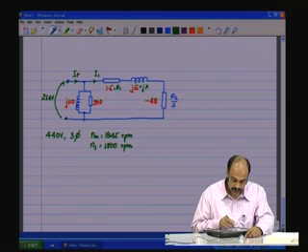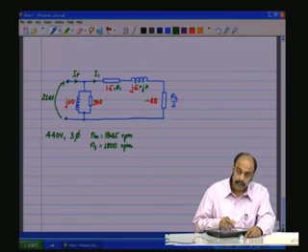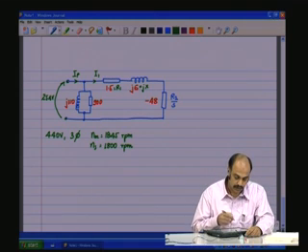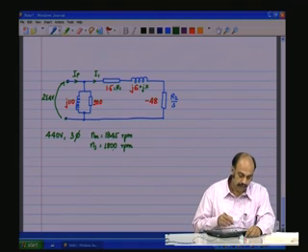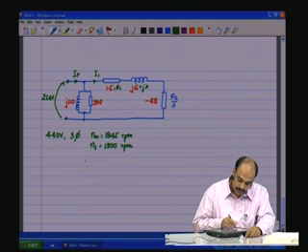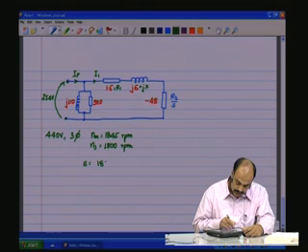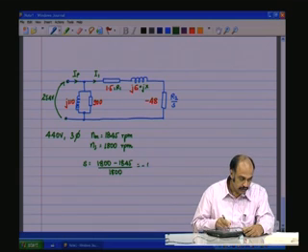Which means the shaft is rotated at super synchronous speed, that is 45 RPM above synchronous speed, and therefore S is equal to (1800, that is NS, minus 1845) by 1800, which is minus 0.025.